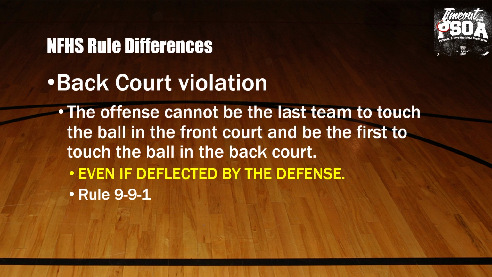Even if the defense deflected the basketball, if that basketball then goes off of the offensive player, and that offensive player or teammate is the first one to touch it in the backcourt, we have a backcourt violation. So officials, from a mechanics standpoint, if the offense was the last one to touch the basketball, do not give the tip signal.